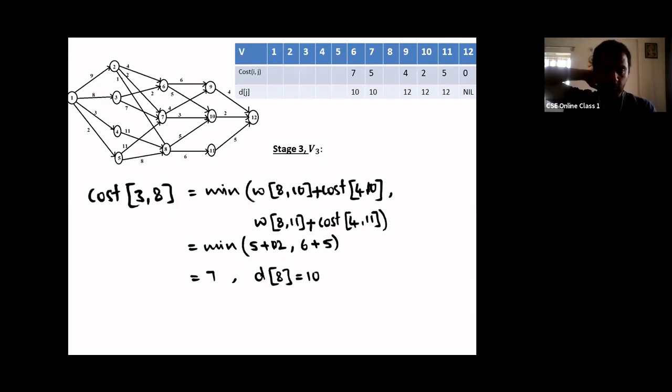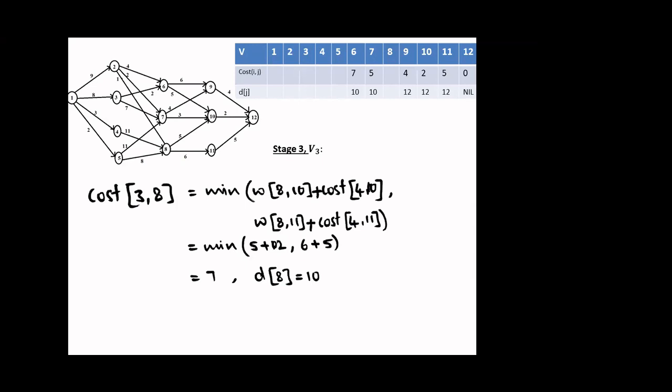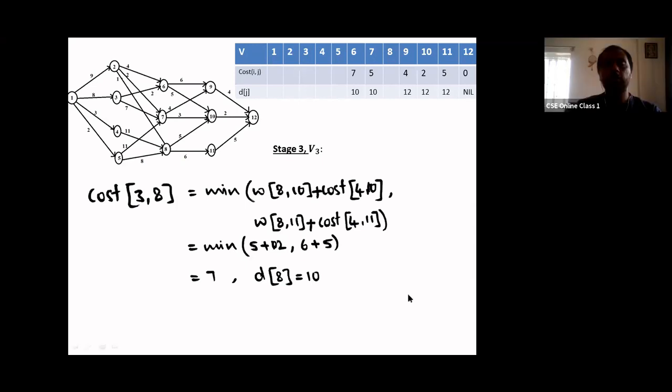Fine. So similarly, for vertex 8 in stage 3. Vertex 8 has two outgoing edges, to vertex 10 of the next stage and vertex 11. So connecting cost, that is weight of 8 to 10 plus shortest path from vertex 10 to sink. Same way, weight of 8 to 11 plus cost of stage 4 vertex 11 to sink.